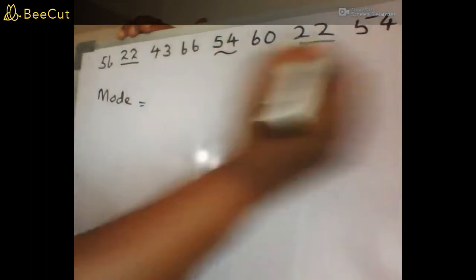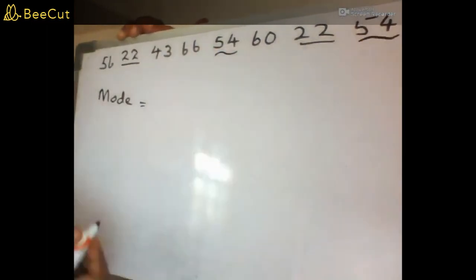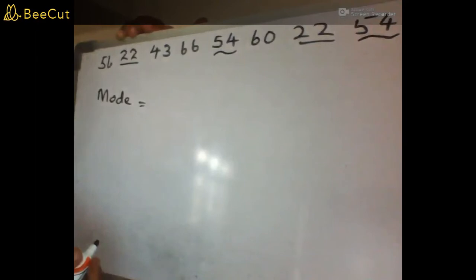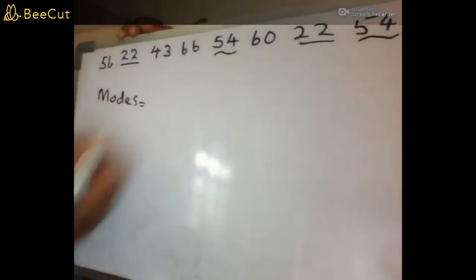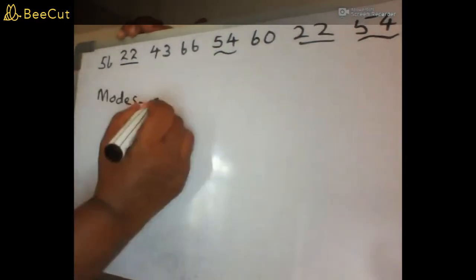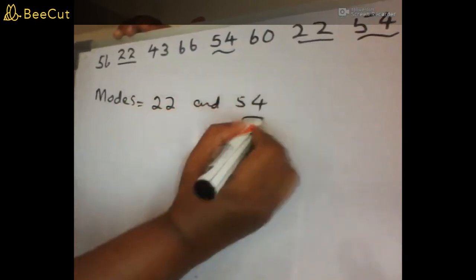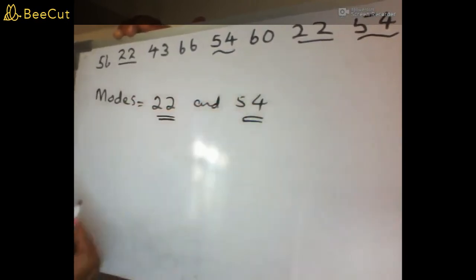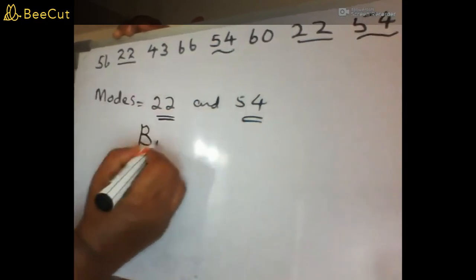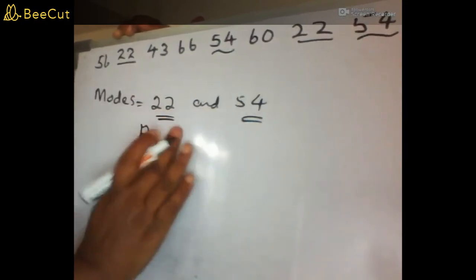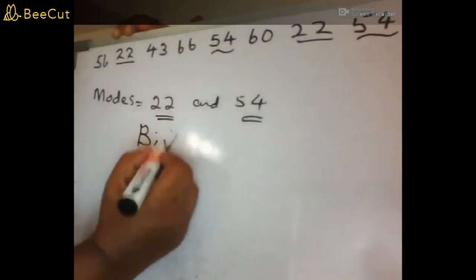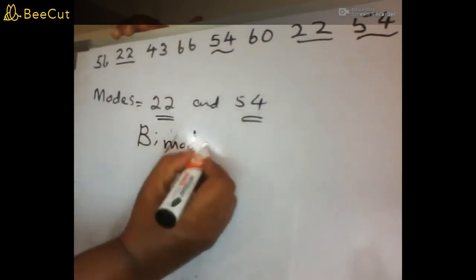Here also you have 54, here also you have 54. So what is the mode? In this case, you have 2 modes, not a single mode, 2 modes. What are those? 22 and 54. Both are, we call this bimodal.